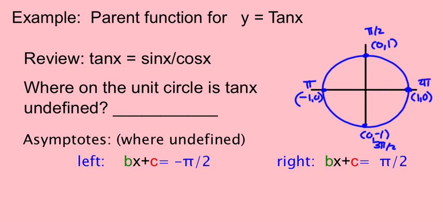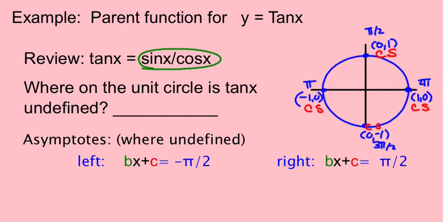Where on the unit circle is it undefined? So tangent is referred to as sine over cosine. So if these are your ordered pairs, this is your cosine, this is your sine, this is your cosine, that is your sine, and so on. When does it become undefined?